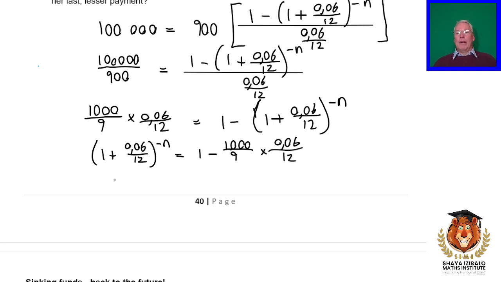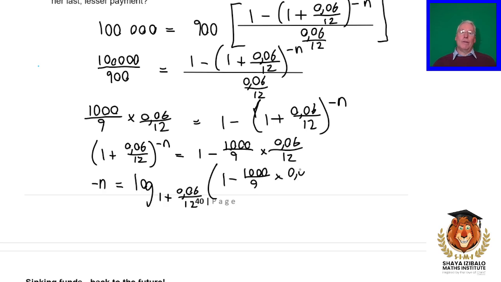And so the last thing we're going to do is put it into log form. So negative n is going to equal log base 1 plus 0.06 over 12 of all of this stuff, 1 minus 1,000 over 9 times 0.06 over 12. Okay, let's see what that comes to.